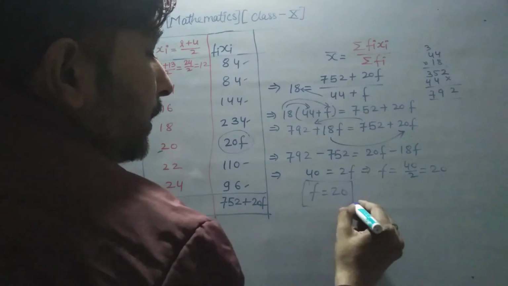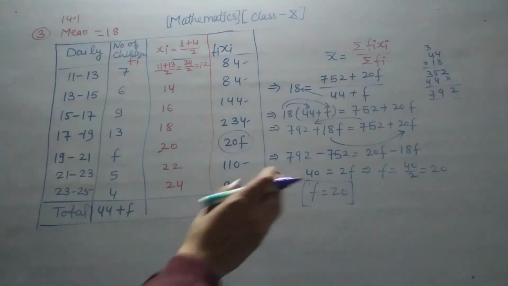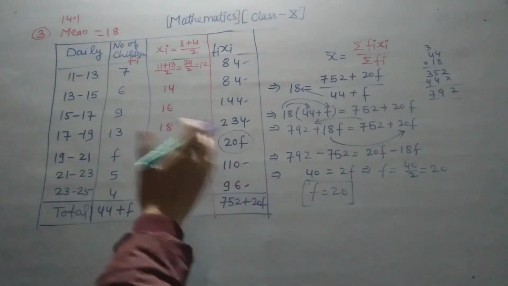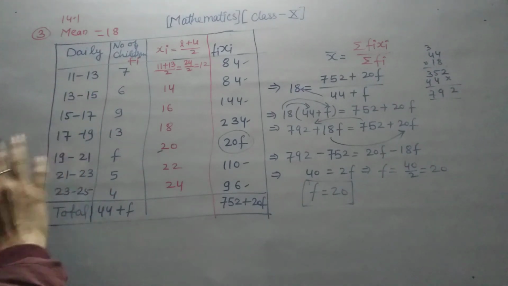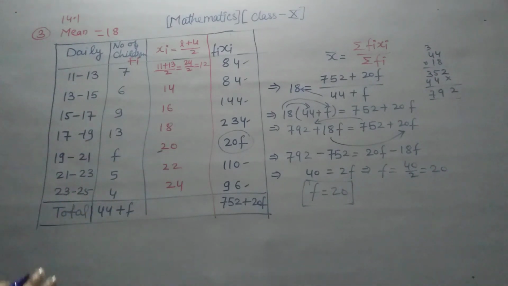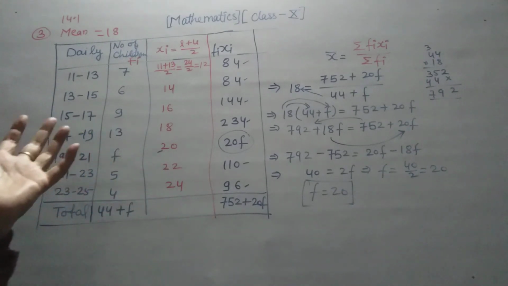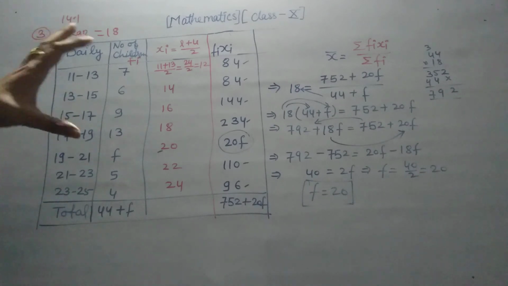So in this way you have to find the value of f or any frequency. If any frequency is left in any type of question, this type of question can come in your exam, and you have to know all the formulas and methods for finding f or any variable.